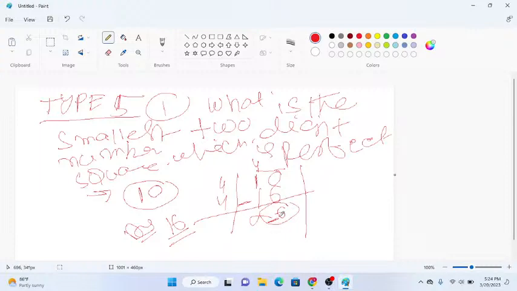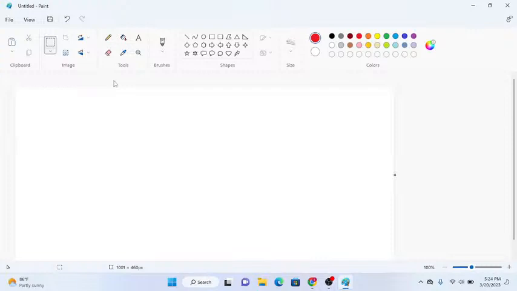Okay. Now I am giving the other example. Second example is the same question, same type.